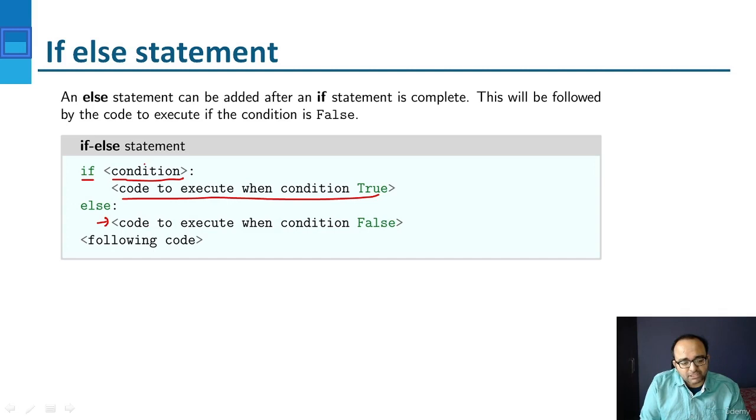Whenever this condition is false, control is transferred inside this else block and this block of statements will be executed. From here to here it is the if-else block, and this is the code following the if-else block, which is not part of the if-else block.